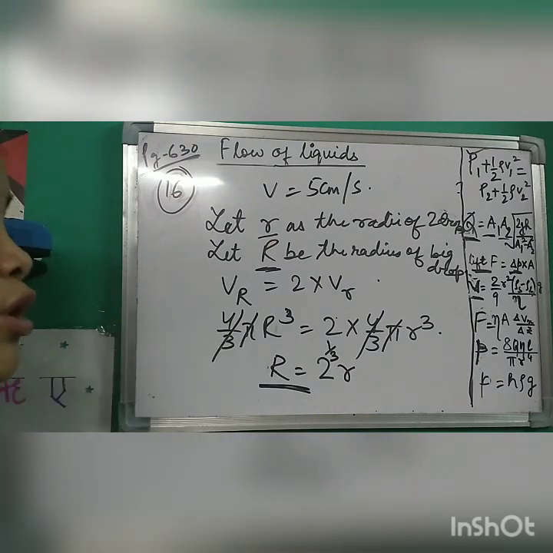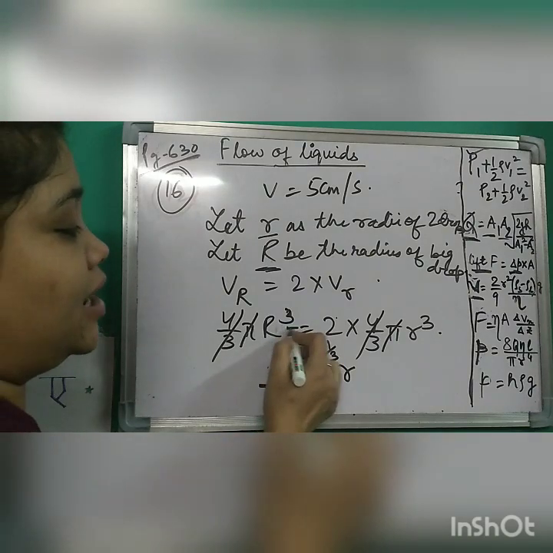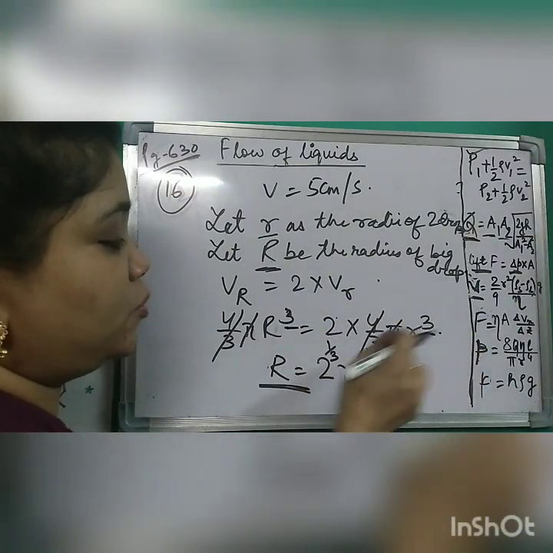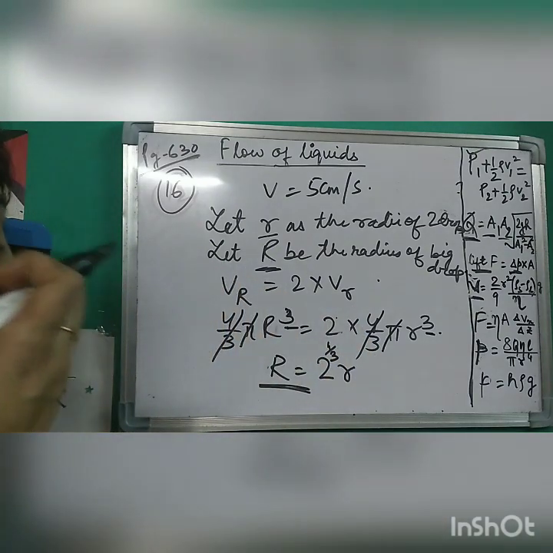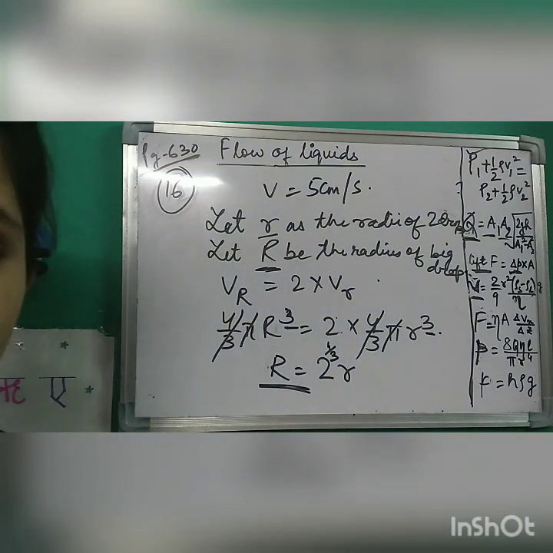That means cube root of 2 times r. Capital R and small r both are cubed, so only 2 is left. Since we cannot find the cube root of 2, it is cube root of 2 r. So you have got the capital R.